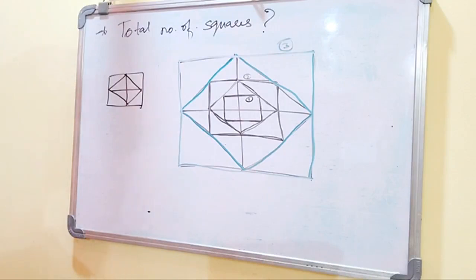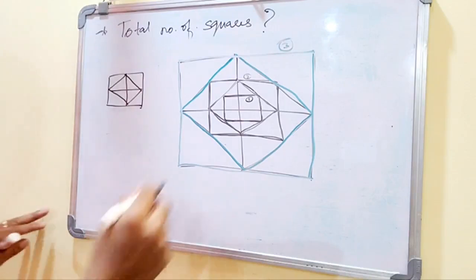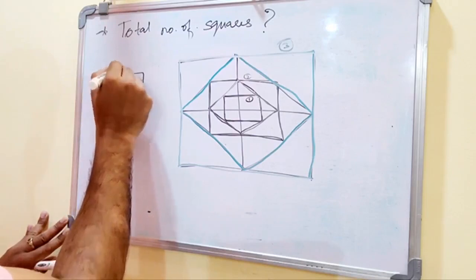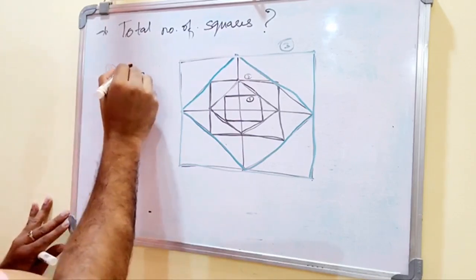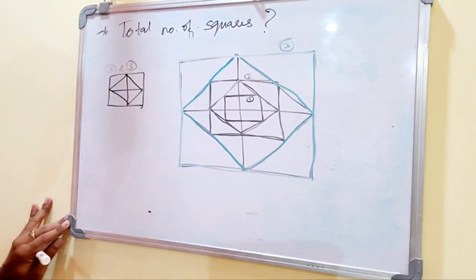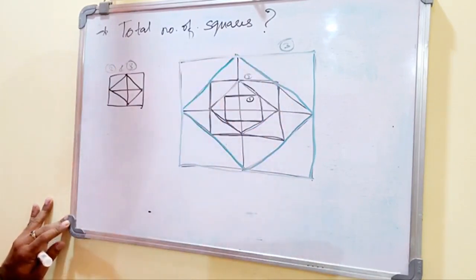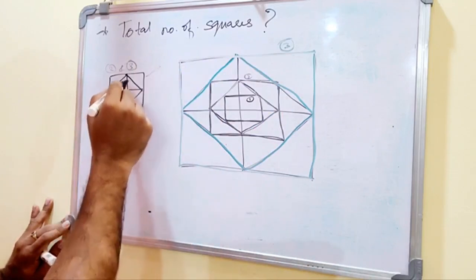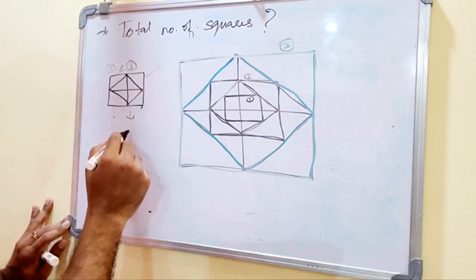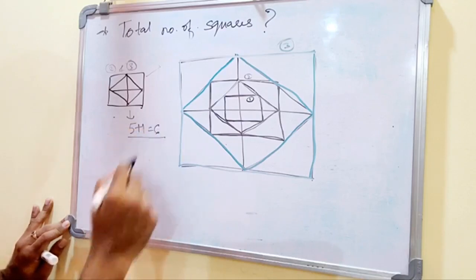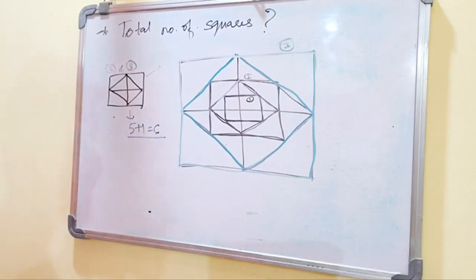So we have number 2 and number 3. These two figures are of this nature. So number 2 contributes 5 plus 1, that is 6 squares. We have seen this from the previous example.